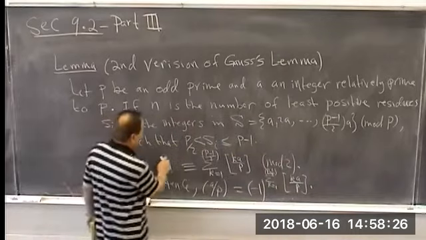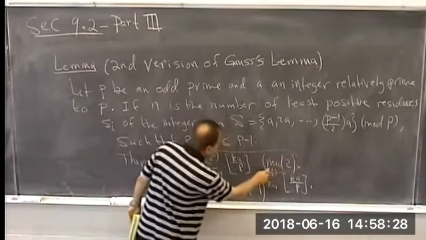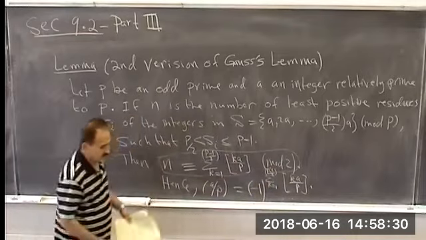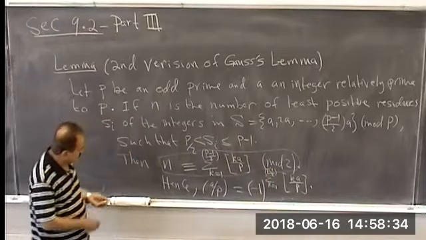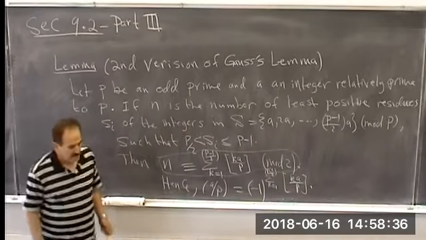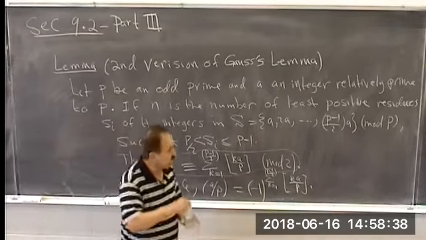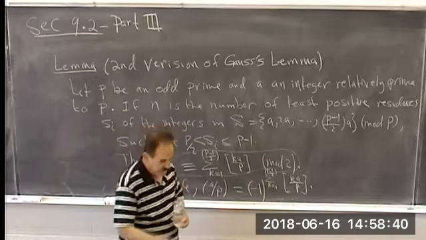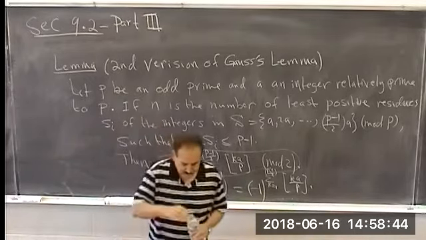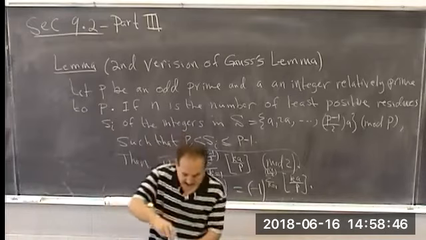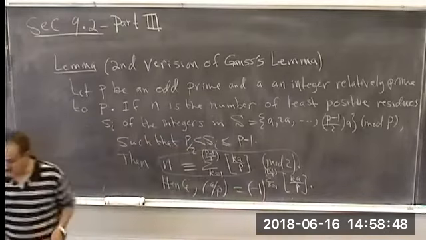So the crucial thing in here is this number right here. What kind of number is it, even or odd? All right, we're going to go ahead and do the proof for this. So let's start from the top.